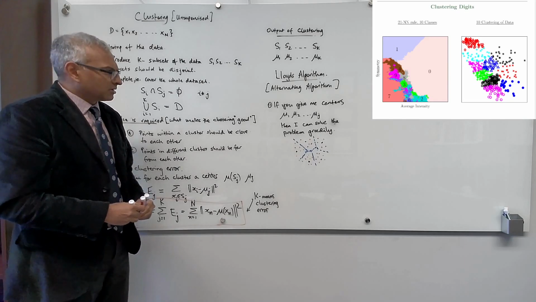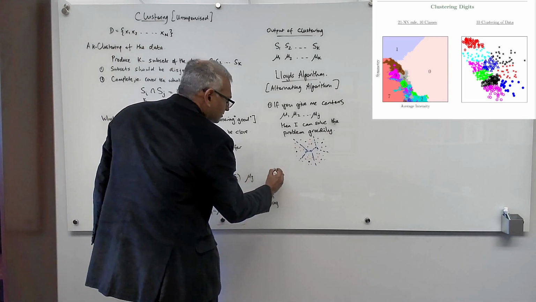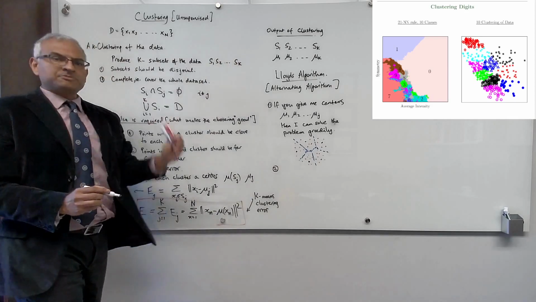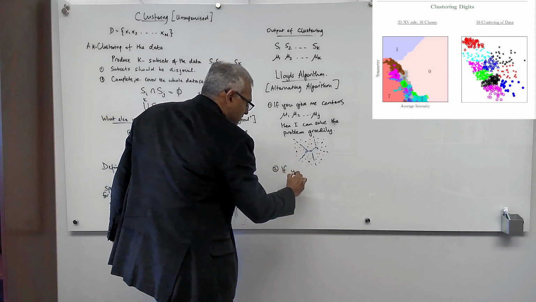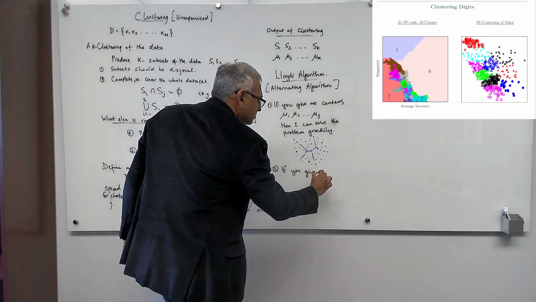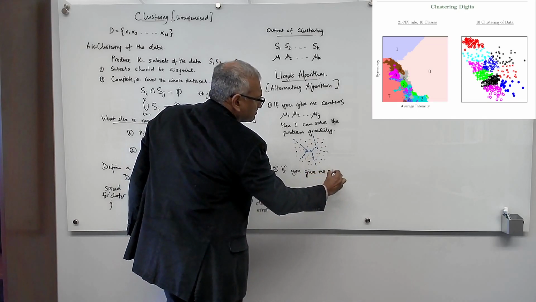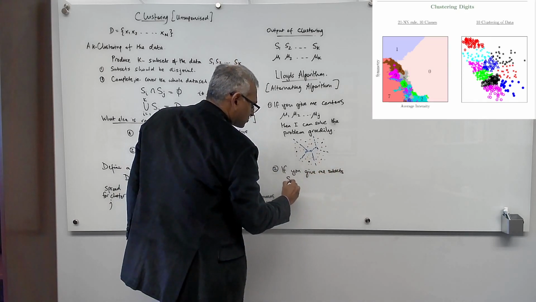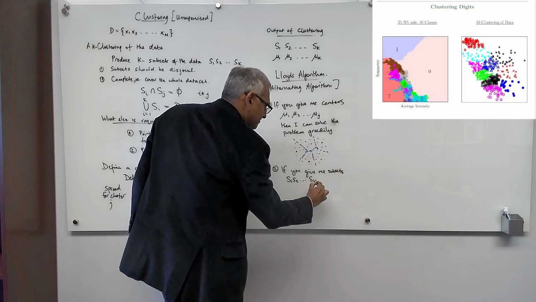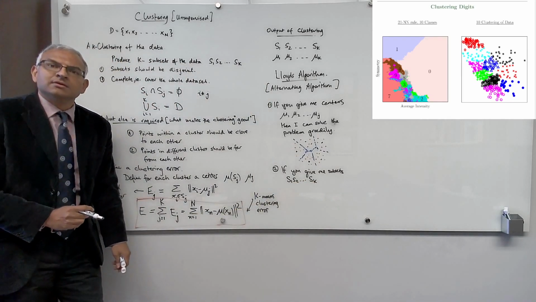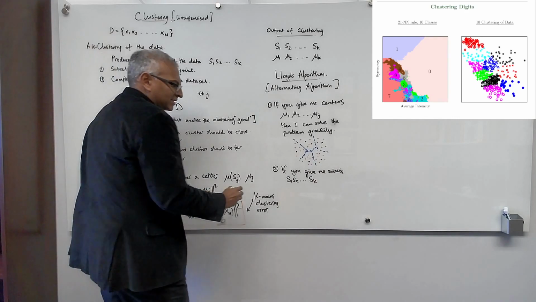The second observation is, if you give me the subsets S1, S2 up to Sk, then I can construct the optimal centers.